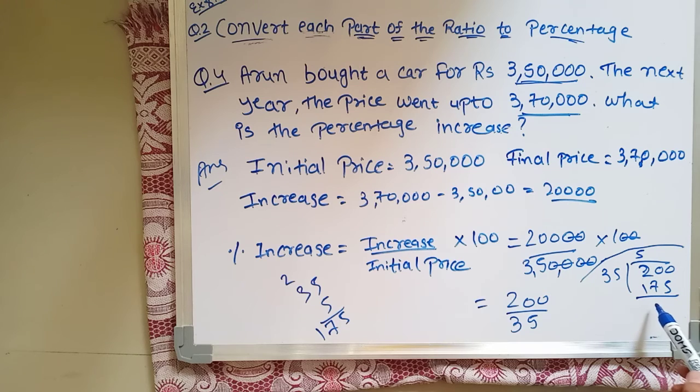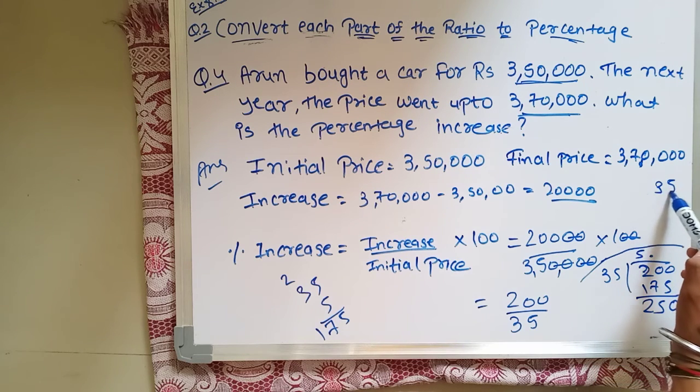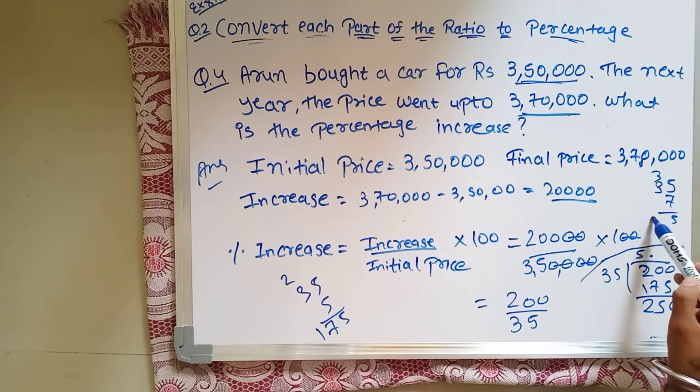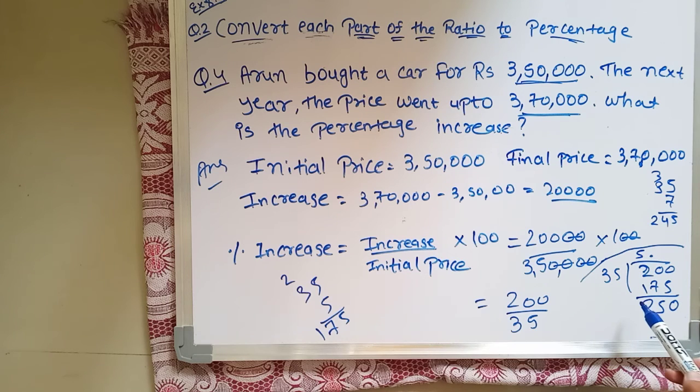Okay, so 200 minus 175 is 25. We have to put a point here and put 0. Okay, 250. Let's see, 35 times 7: 7 fives are 35, 7 threes are 21, plus 3 is 24. So 245, smaller than 250. Okay, so here our answer is 5.7.